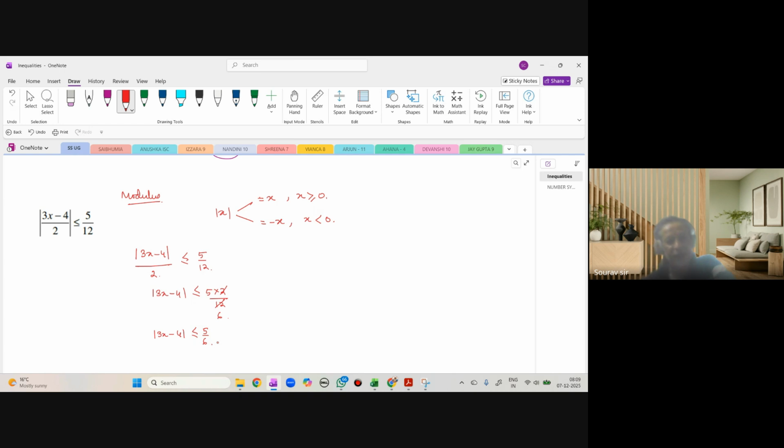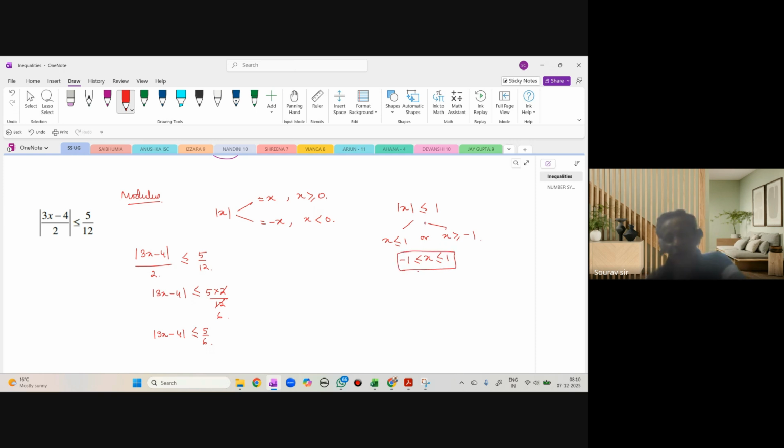Now, what is the meaning of this? If I write modulus of x is less than equal to 1, what does it mean? This means there are two possible cases: either x is less than equal to 1 and x is greater than equal to minus 1. In other words, x will lie between minus 1 and plus 1.